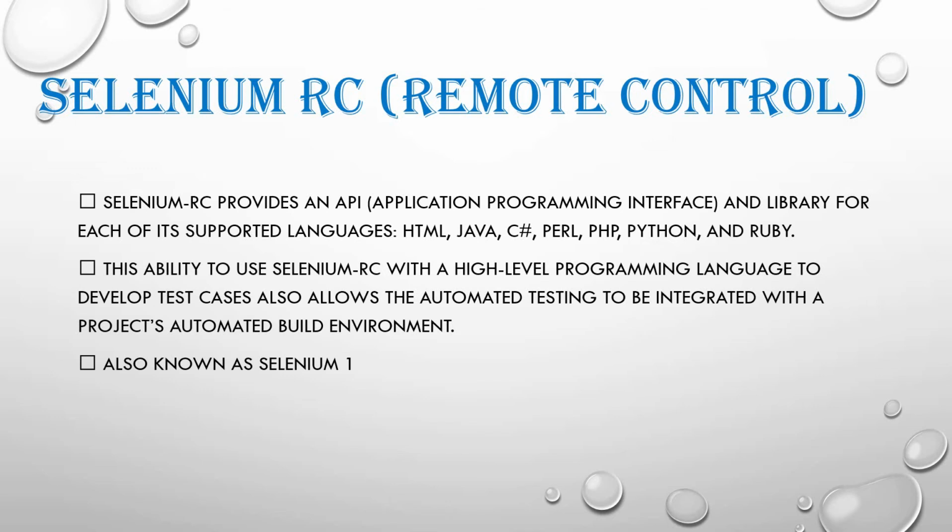So Selenium RC generally acts as an intermediate between your running application and the Selenium core component. So it is acting as a mediator and provides the application programming interface to interact with the application under test. So we can also call Selenium RC as Selenium 1.